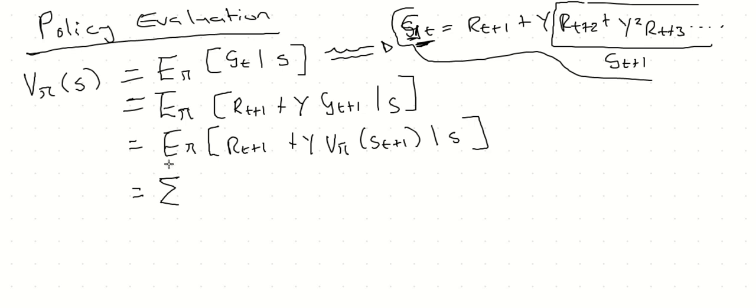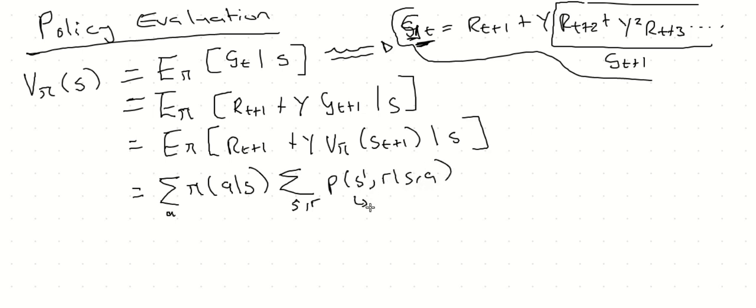We're breaking down the expectation into the summation over all possible actions of pi of a given S, and I'm going to explain what this means, times the summation over all S prime, R of P of S prime, R given S, A. This is our transition probability, multiplied by R plus gamma V pi of S prime.